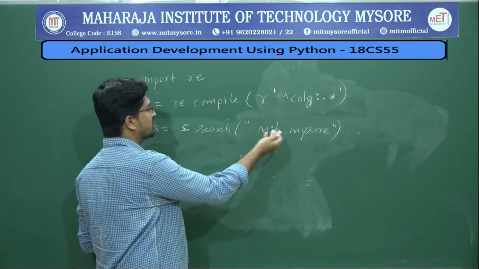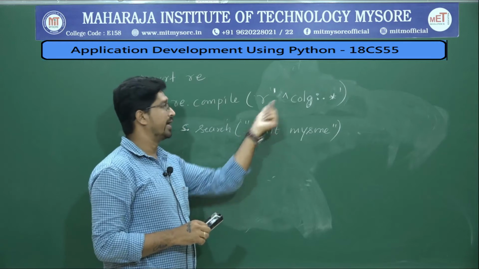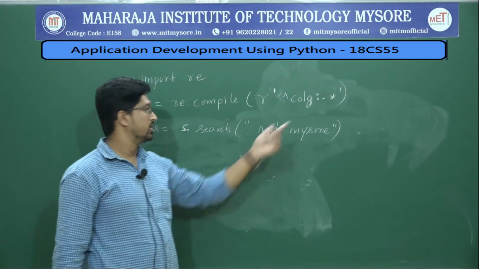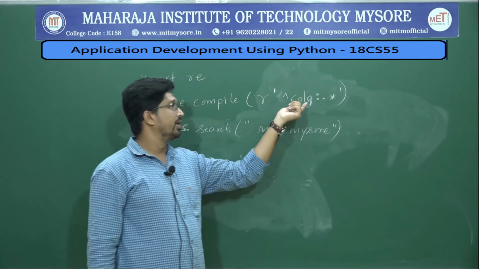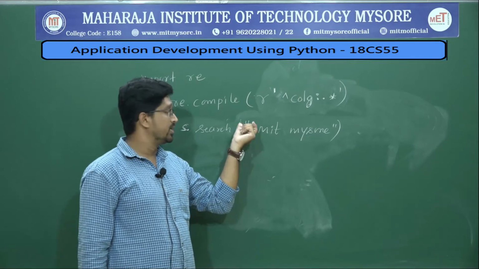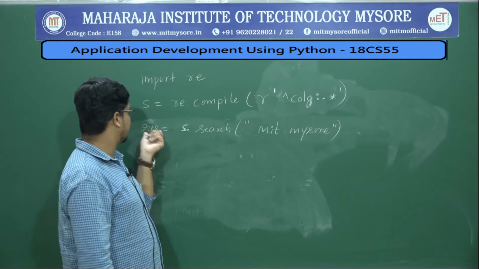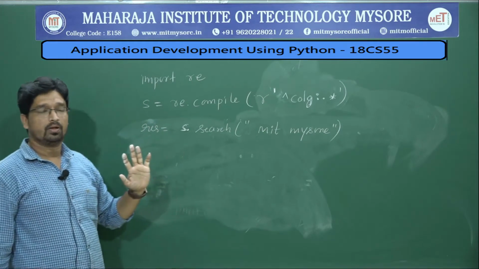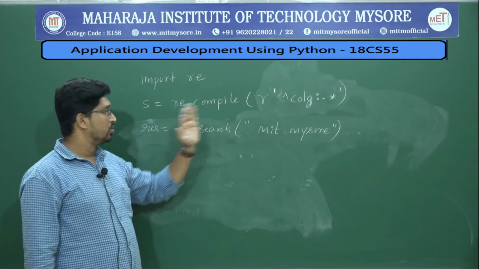Then this input is invalid because we don't have the word college. So directly dot star will not work here. First it will check whether it is starting with the word college, but it is not a valid string, so you don't get any output and the result will be None. This is how you match using dot star.